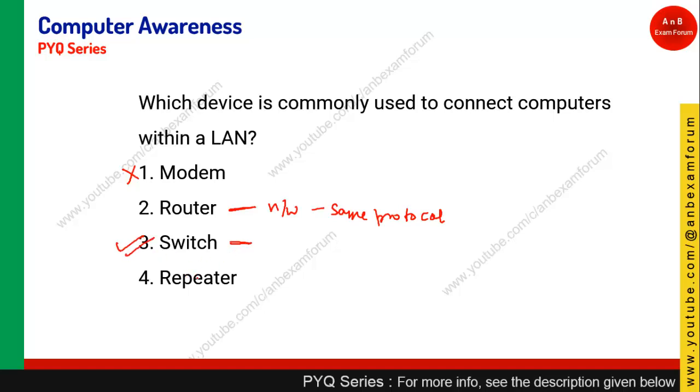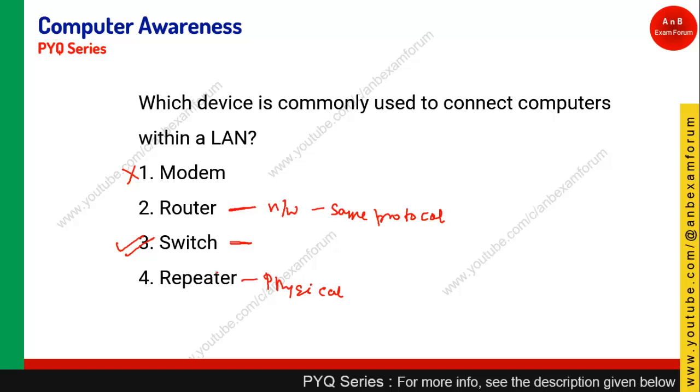Whereas if you see, the repeater works at the physical layer, and all these things we are going to see in the theory portion. We are going to upload a video on the theory of internetworking devices, where we are going to discuss each and every network device which is commonly asked in the exam.